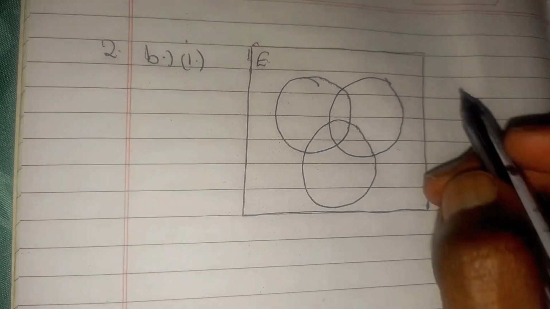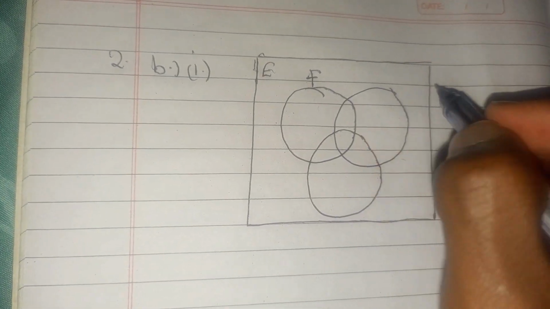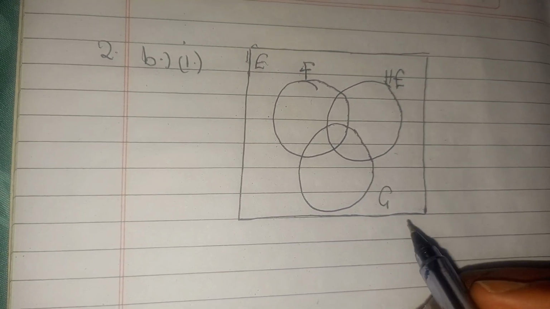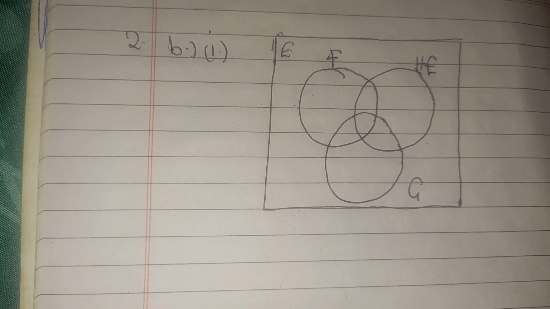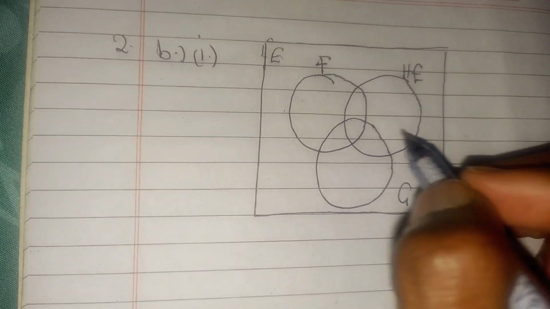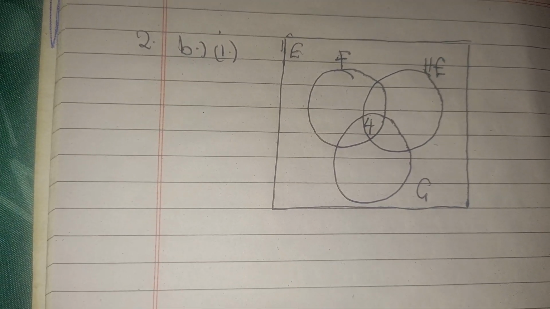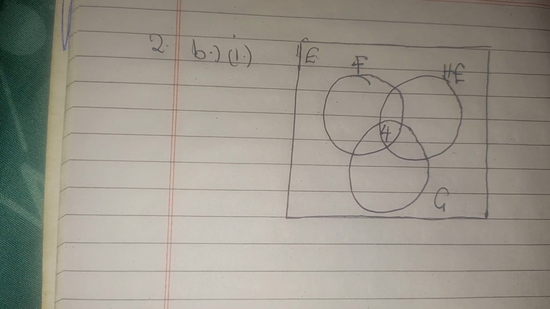So we have been given French, home economics, and geography. So we first start off with the learners that take all the 3 subjects, which is 4. So 4 learners take all the 3 subjects. Then we're told that 9 take French and geography.